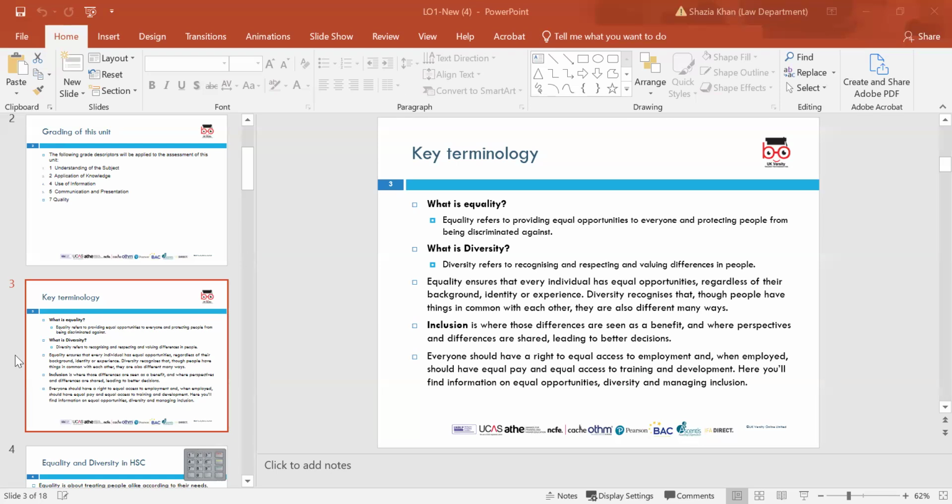Okay, so when we look at diversity, this is about ensuring that everyone is treated equally as well, but embracing everyone's differences, their backgrounds and their different walks of life. It could be people from different races, genders, sexuality, economic backgrounds, religious beliefs.